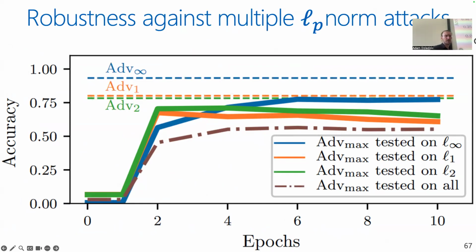The bottom line is that even if you train for robustness against PGD, like the blue line, you also slightly increase the robustness against other attacks. So making a model robust in general makes it robust to more than just a single attack.